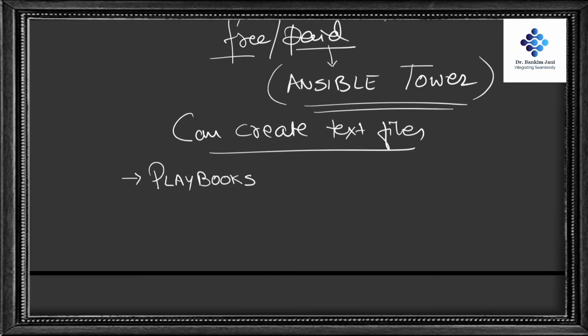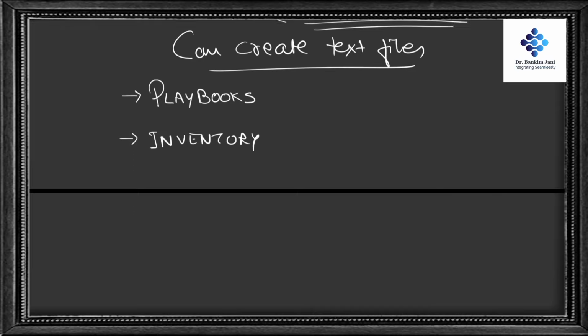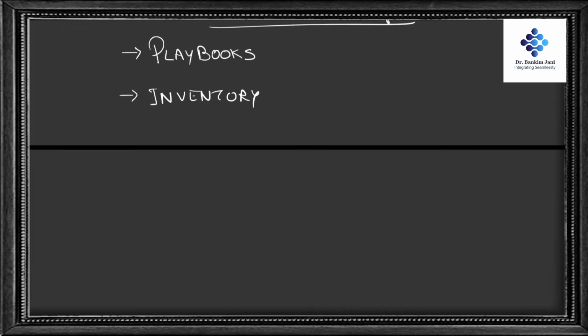Now see, it is very logical. There are playbooks, then you must have noticed there is something like inventory, then we have got those templates, right? And then finally there were variables. So these are the 4 types of text files.